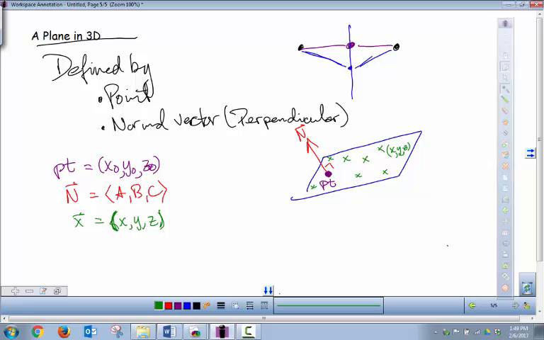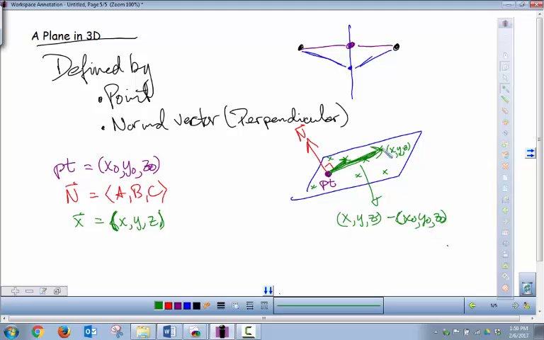So what I propose here is for us to make a vector from our random point to the given point. And what would that vector be? That vector would be just the difference between the two, x, y, z minus x naught, y naught, z naught.